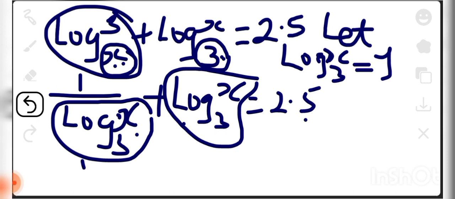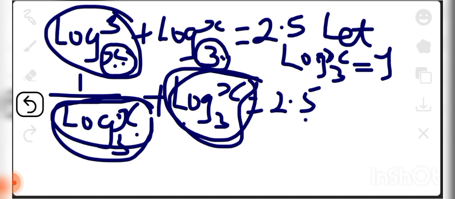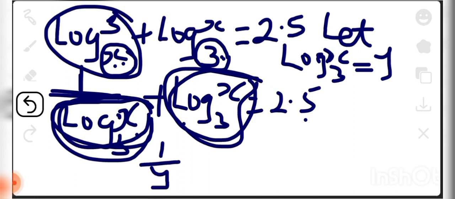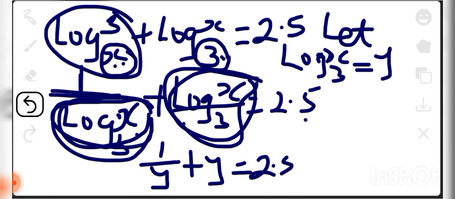So that we'll have 1 over y. If you say let this one be equal to y, let this one be equal to y, we're going to have 1 over y plus y is equals to 2.5.